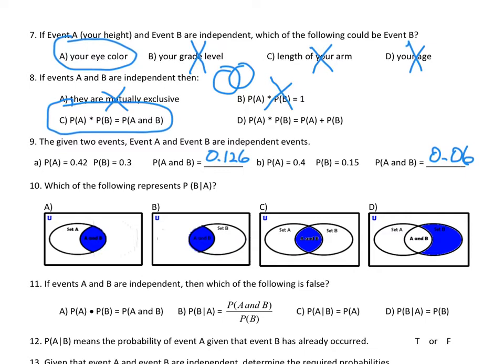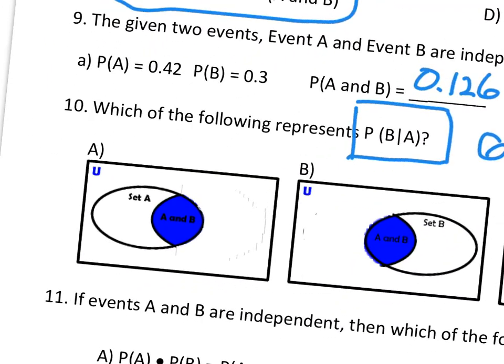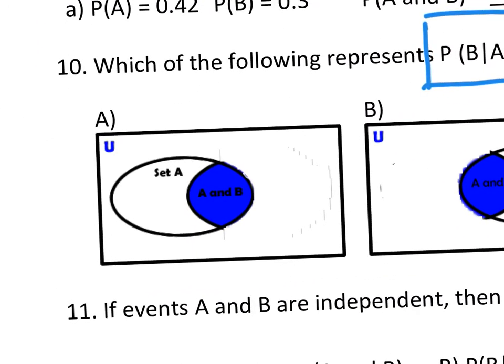The next one says, which of the following represents the probability that B happens given that A happened? Since it's given that A happened, we're only going to look at the A set. So on this one, here's our A set.